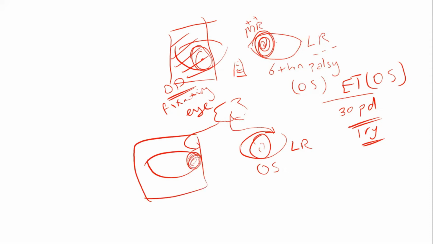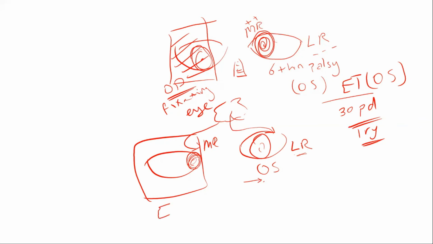Because if we send impulses to the lateral rectus to contract and take up the fixation, at the same time the medial rectus will take this previously fixating eye inward. So we have here an esotropia.